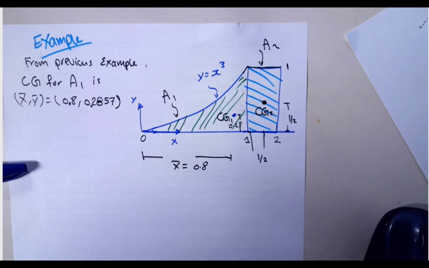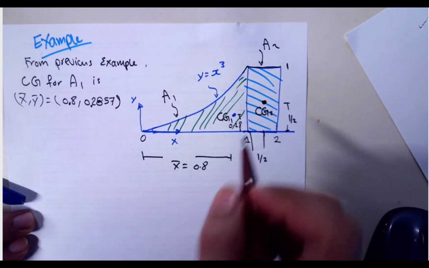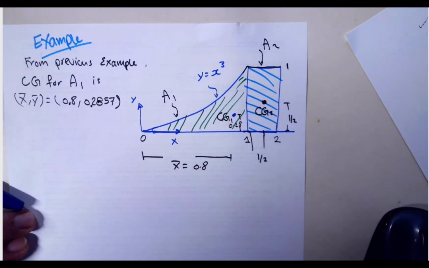Now the question is, what is the overall center of gravity for this object? What is the overall center of gravity? So what's the equivalent center of gravity for an object that has two components, CG1 and CG2?